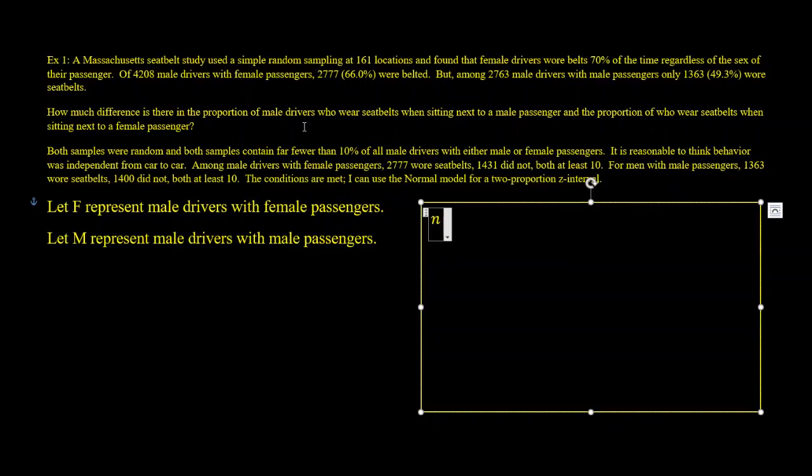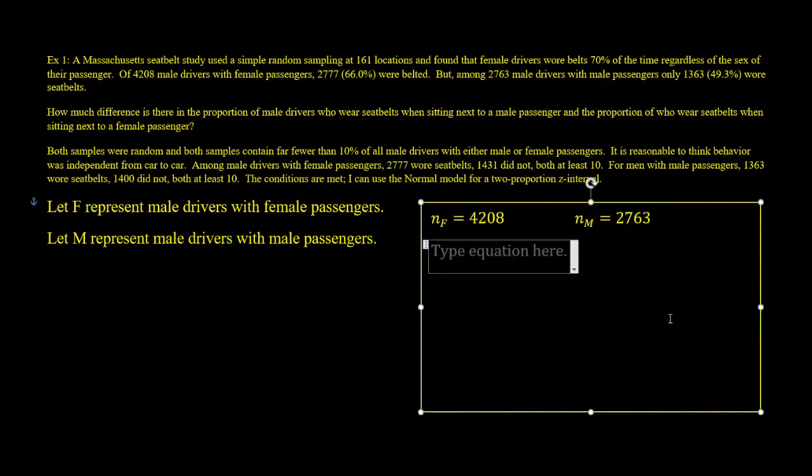So now we're going to write down some statistics. In F, the sample size of the males with female passengers was 4,208. The sample size of male drivers with male passengers in M is 2,763. Now we'll find the proportions.